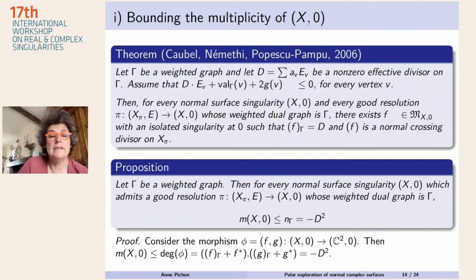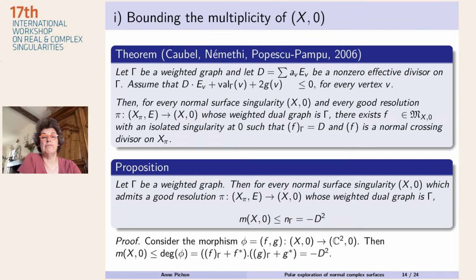So you start with a weighted graph, and you consider a non-zero divisor on gamma, D equals sum of AV EV, which is sufficiently big. So with sufficiently big coefficients AV, in other words, such that D intersection EV plus a certain amount which only depends on gamma.